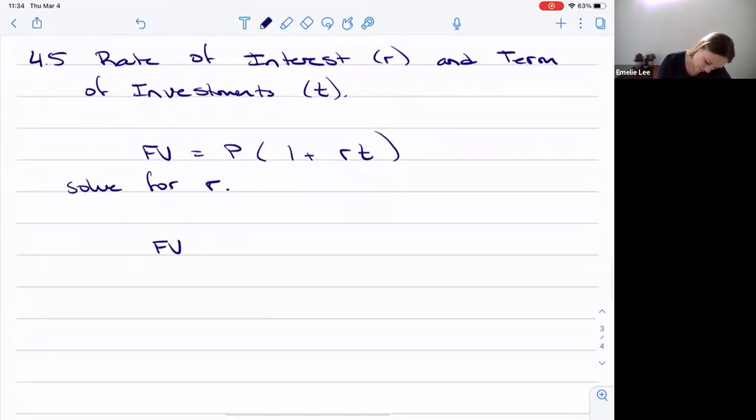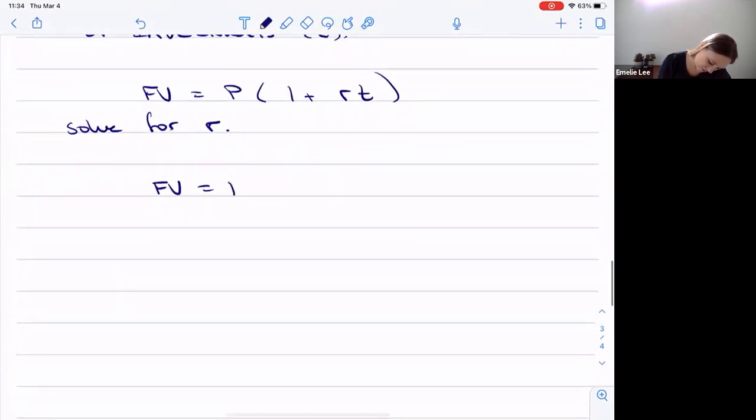So if we start with our general formula here, I'm just rewriting it. And I want to solve for R. I always imagine holding R steady. So what do I need to do so I just have R on its own?